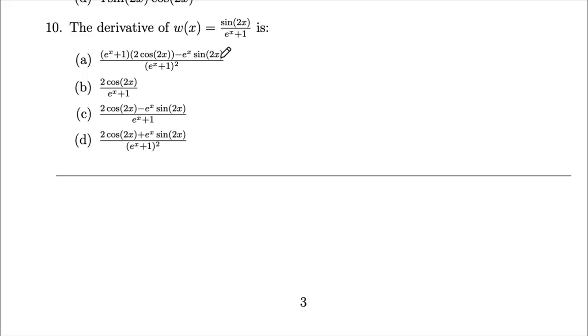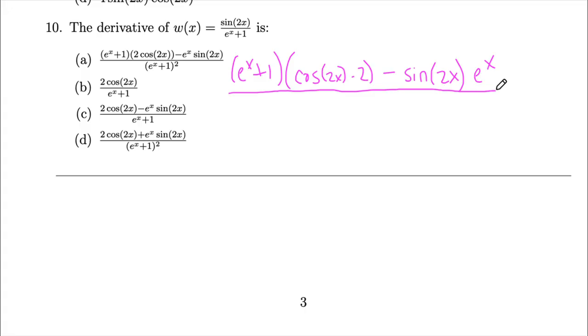So low is the denominator, which is e to the x plus 1, times the derivative of the numerator, which is going to be cosine of 2x times 2 using the chain rule, and then minus high, which is the numerator, so sine of 2x, times the derivative of the denominator, which is just e to the x. And this is all going to be over low squared, so (e to the x plus 1) squared.